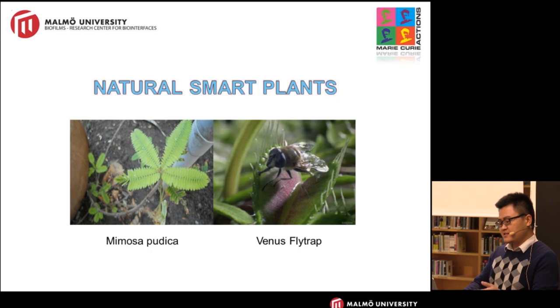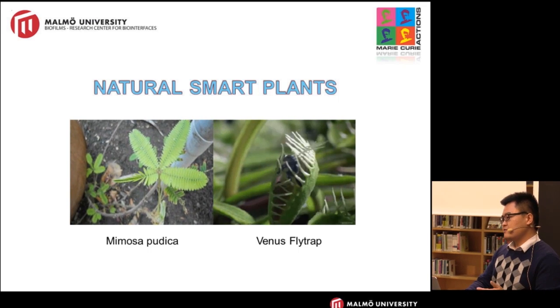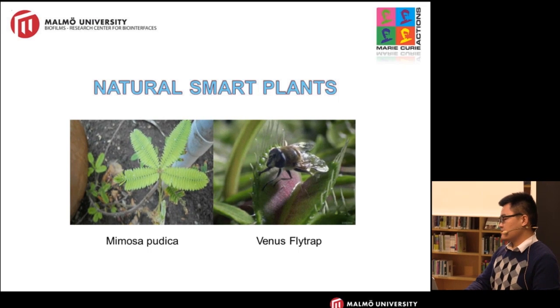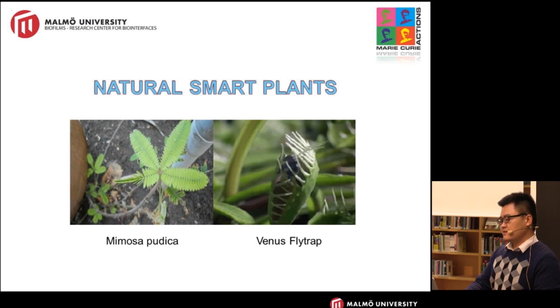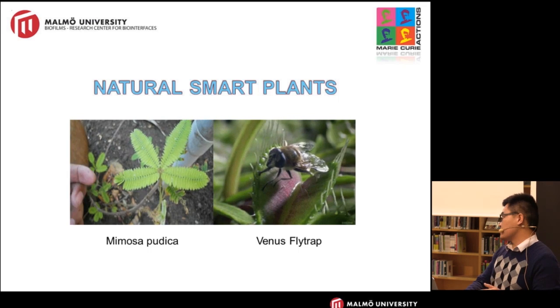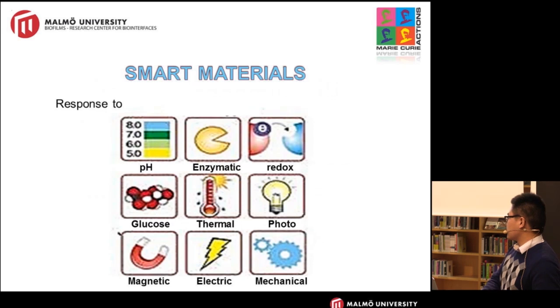Okay, as you know, these are smart natural materials, natural plants. So can we make materials smart, intelligent, that respond to external stimuli? This is very interesting and also useful. Of course, we chemists can prepare smart materials that respond to different stimuli like pH value, temperature, and also light.